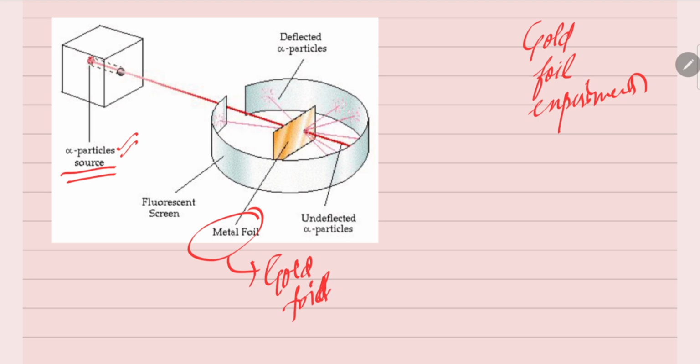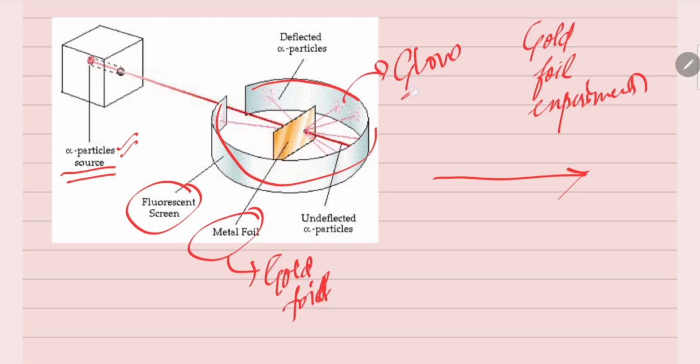There was a semicircular or circular fluorescent screen, and whenever these alpha particles struck the screen, they showed a glow.